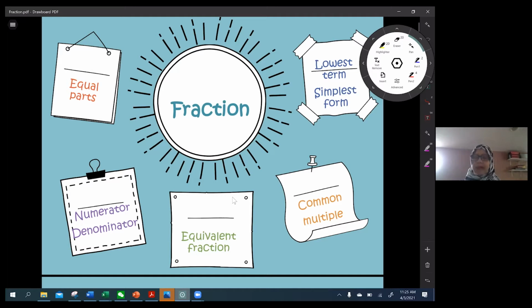So what is the lowest term? What is the simplest form? Have you heard of it? I think it's like if it's 2 out of 4, it equals 1 out of 2.